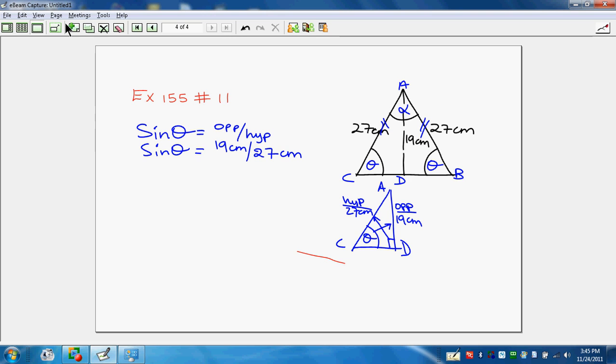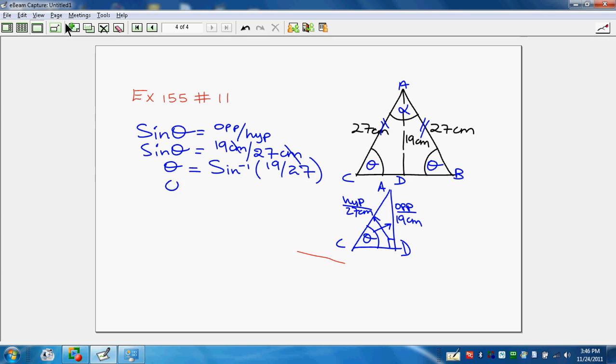So therefore, if sine theta is equal to 19 centimeters over 27 centimeters, the centimeters will cancel out. To get theta, we'd have to use the inverse sine function. So we say sine inverse, or sine to the minus 1, of 19 over 27. And that will give us what we want to find.